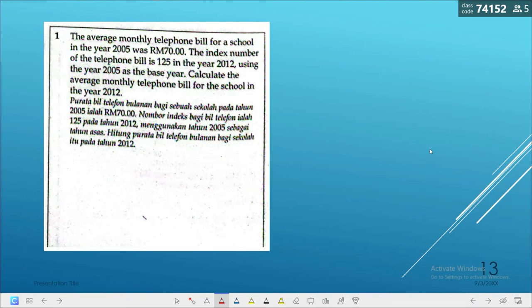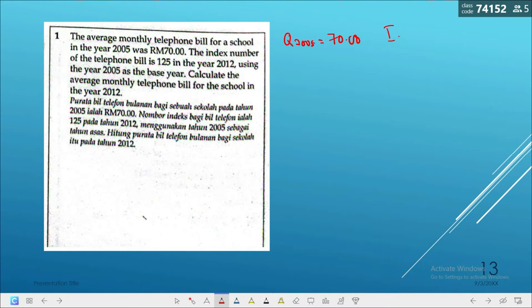Okay, we have another example. The average monthly telephone bill for a school in the year 2005 was 70 ringgit. So we put here Q0 for 2005 is 70 ringgit. Then the index number of the telephone bill is 125 in the year 2012 using the year 2005 as the base year.